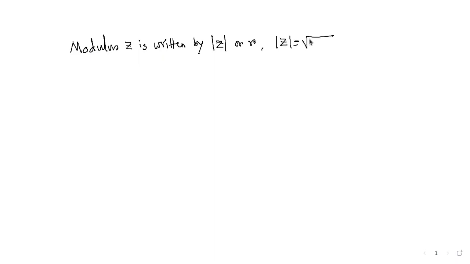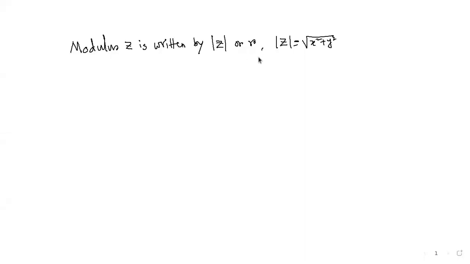So the modulus of z is written by the absolute value of z, or r, like this. So the absolute value of z equals root over x square plus y square, same as r equals root over x square plus y square.